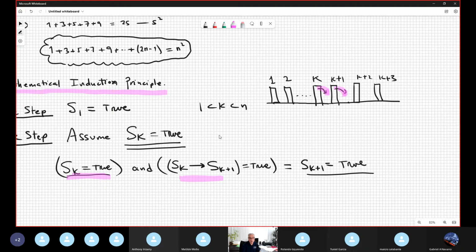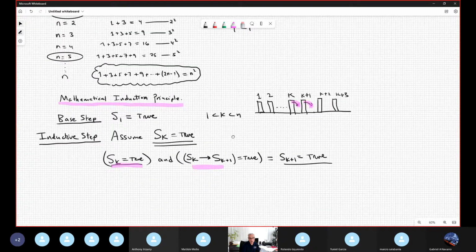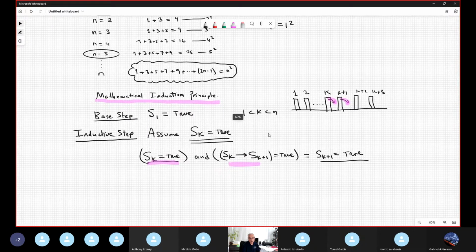You don't need to do it for the infinity case, because the natural numbers are a well-ordered set. Suppose you assume that k is 20, and you prove somehow that 20 implies that 21 falls also. So 22, 23 fall. This is the idea.